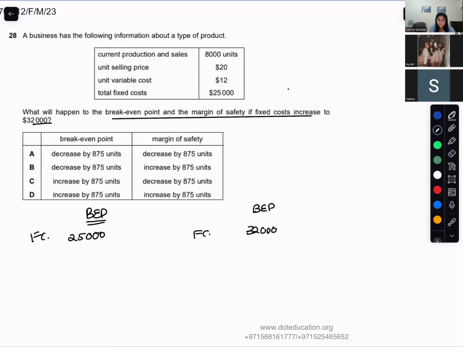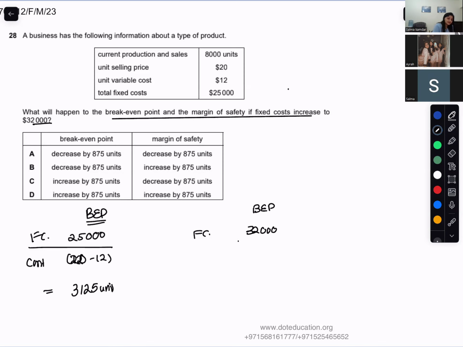And tell me what will happen to the break-even point if your fixed cost is increasing. Break-even point when your fixed cost is 25,000 units. 25,000 divided by 8. Contribution per unit is 20 minus 12, which is 8. So the break-even point will be 3,125.